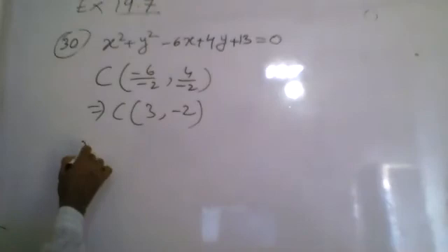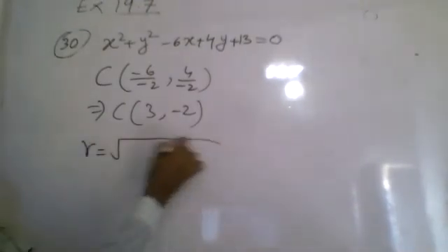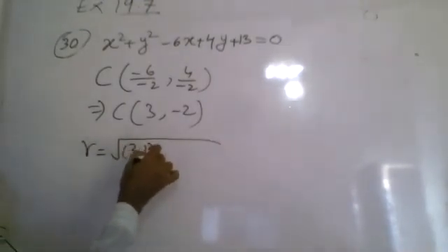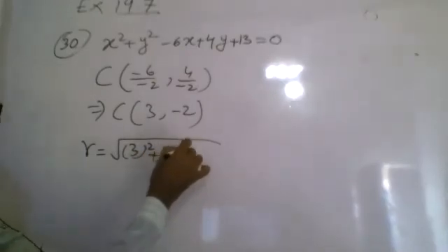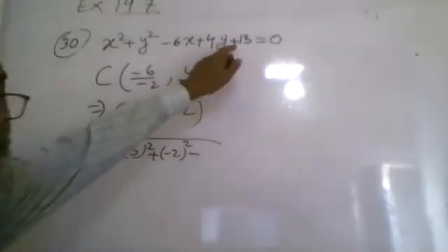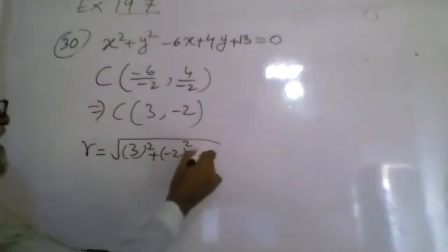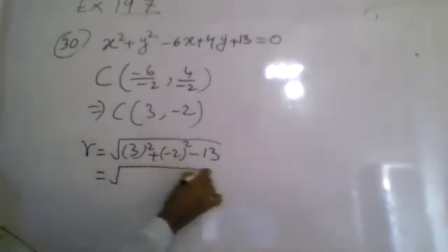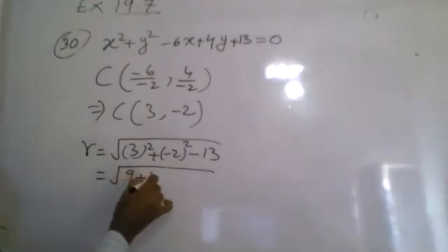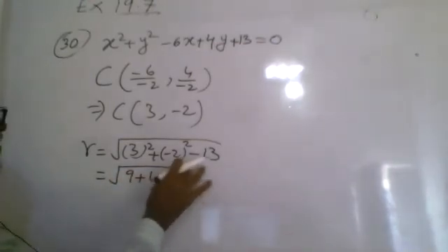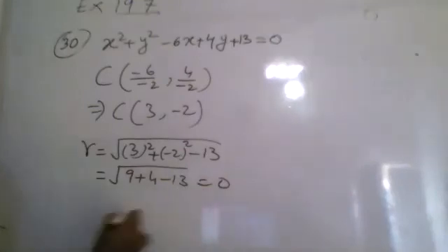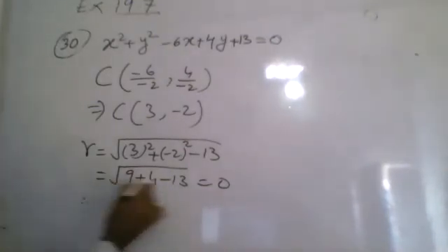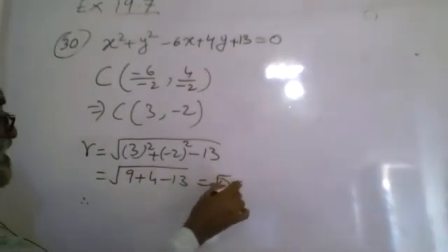Okay, now we'll find the radius. 3 square plus minus 2 square minus c, 13. So minus 13. It will become 9 plus 4 minus 13 equal to 0. Therefore, under root 0 means 0.